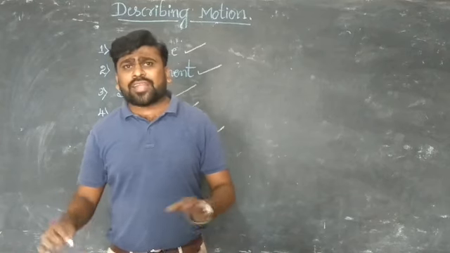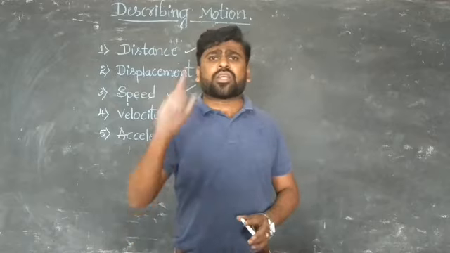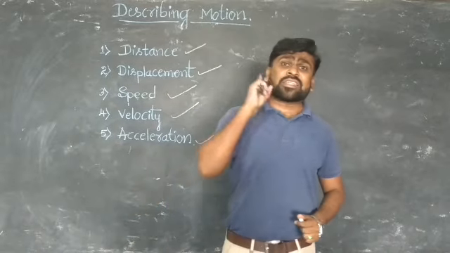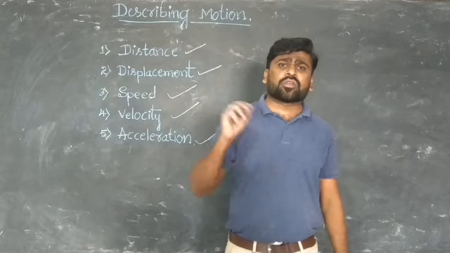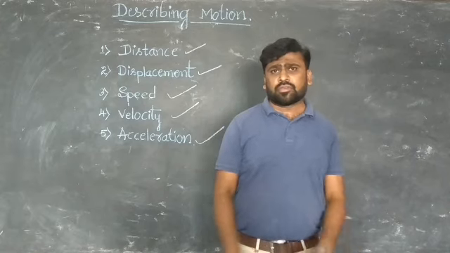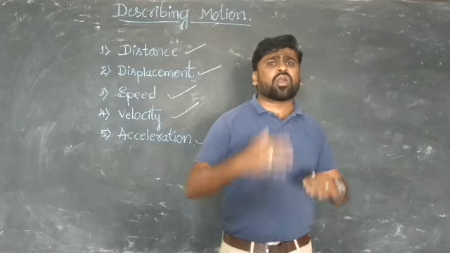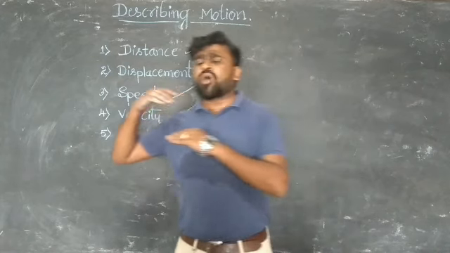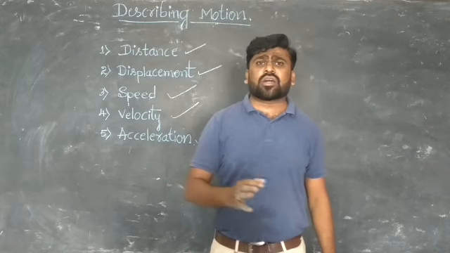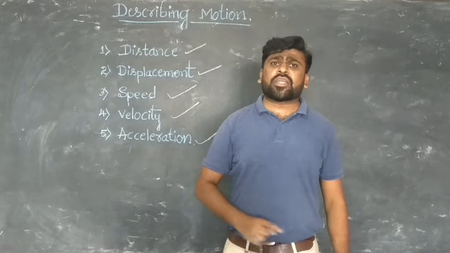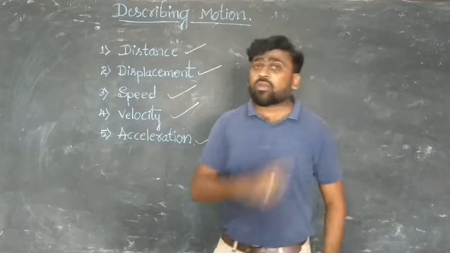Today in this class we are going to discuss two concepts, that is what is distance and what is displacement. Before going to discuss distance and displacement, we have to learn two concepts: scalar quantity and vector quantity.